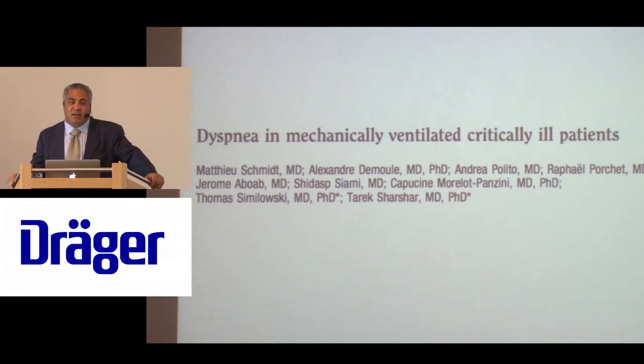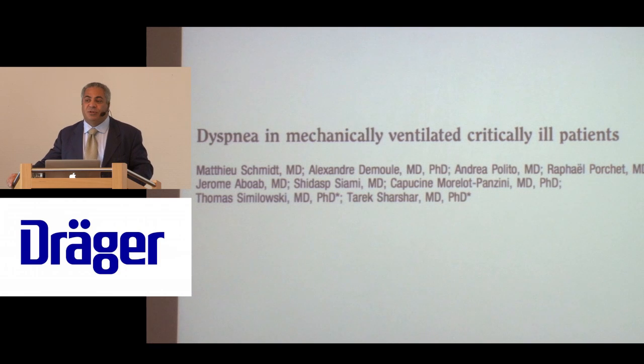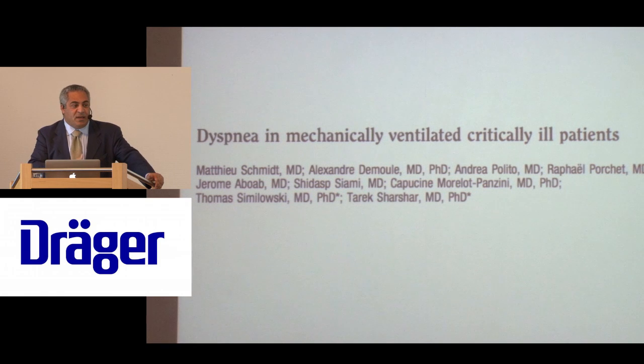The pain is not their issue. We can take care of their pain. The discomfort of the endotracheal tube is something that no one likes. So the patient may have absolutely no pain despite having traumatic amputation or open abdomen, but the endotracheal tube is still problematic.